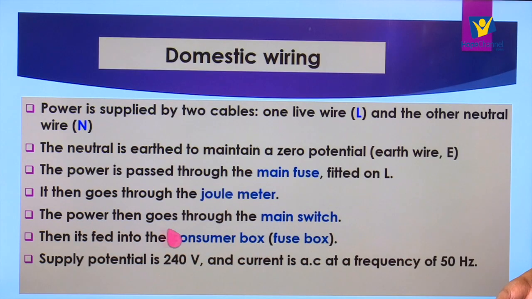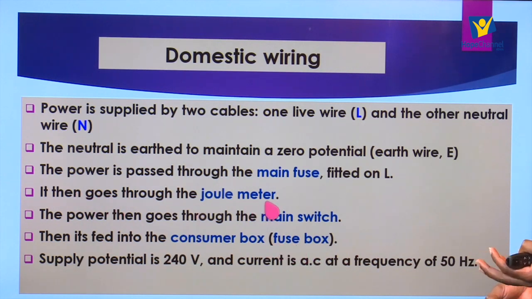And so we ensure that the bulbs are in their own circuit, the heaters in their own, the cookers and the ring main for the purpose of charging the phones and connecting the fridges and the TVs and what have you. Those originate from the consumer's box, which we call the fuse box at times. Different circuits have different fuses. That is why sometimes the name is called the fuse box.